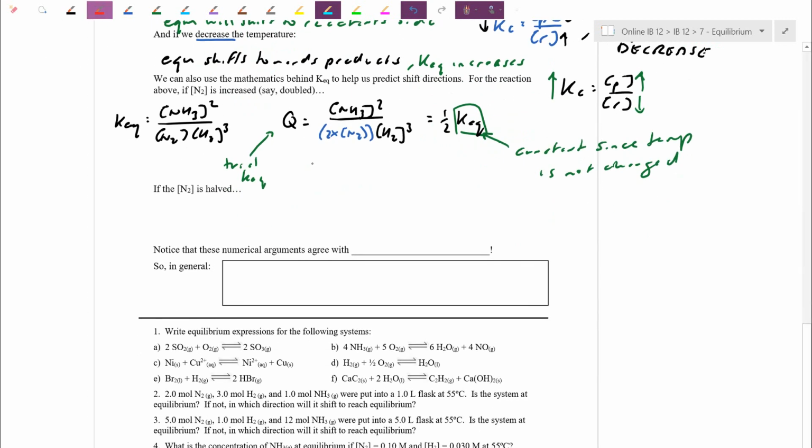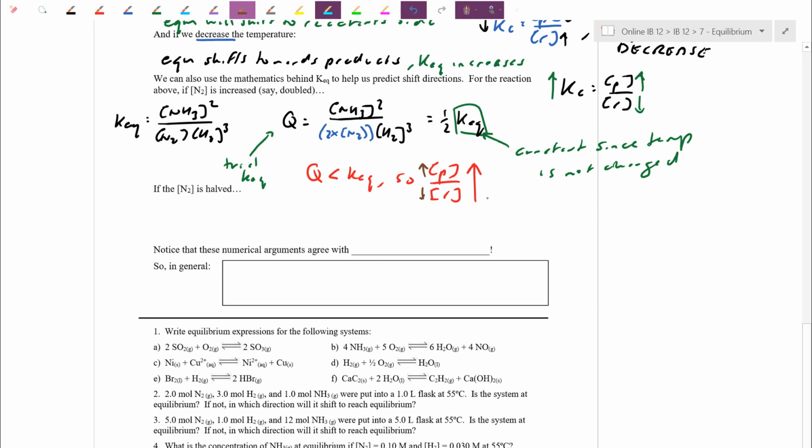So we can write that down here. By doubling the N2, which is all I did in my system, Q is less than KEQ. If I think of Q as products over reactants, right now my number is too tiny. How can I get my fraction to be bigger? My fraction being bigger implies I need to shift to the right. I need to make more products and drop reactants. I don't have enough products for my ratio to be large enough.